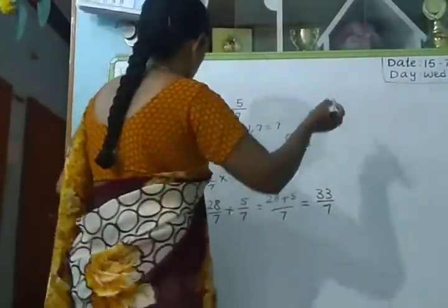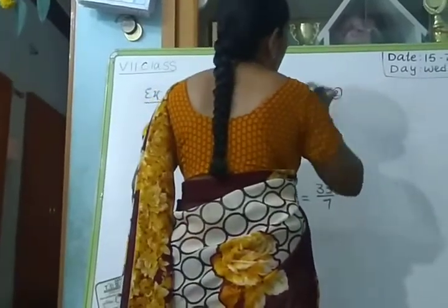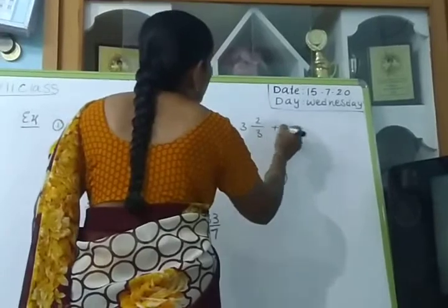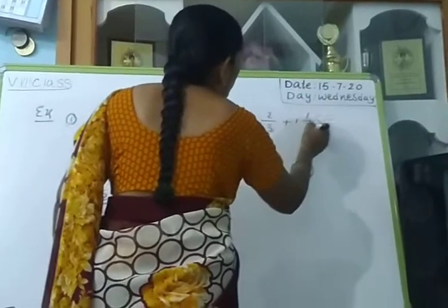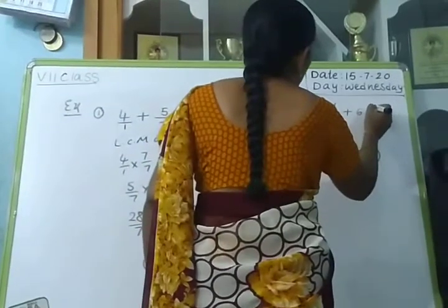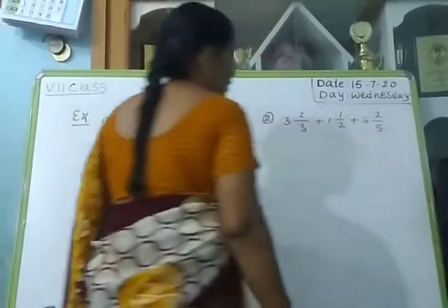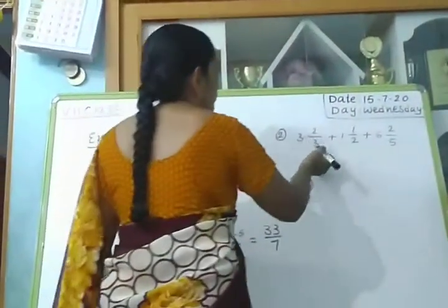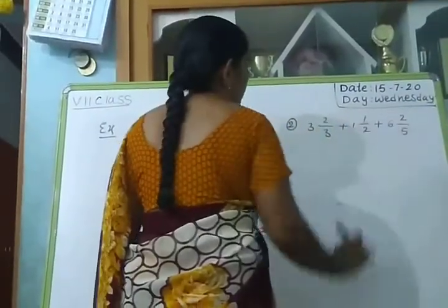One more example. 3 2 by 3 plus 1 1 by 2 plus 6 2 by 5. If three fractions like these are given, then how will we add? First, the given fractions are mixed fractions.